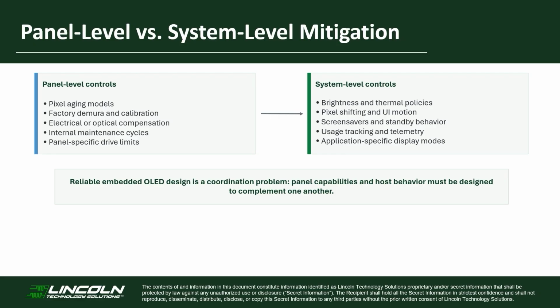The system designer may not have direct access to every one of these functions, but needs to understand what the panel already provides. The host system controls a different set of variables: brightness policy, thermal limits, pixel shifting, user interface movement, screensavers, standby behavior, usage tracking, and application-specific display modes.